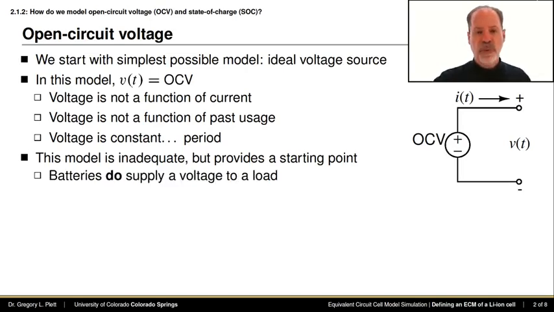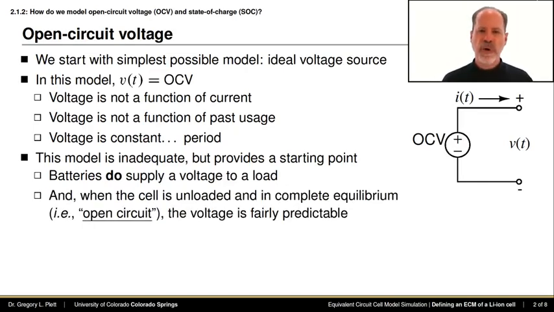For example, we know that batteries do supply a voltage to a load, and it turns out when the cell is not connected to a load and is in complete equilibrium after all of its internal processes have come to rest, the voltage turns out to be fairly predictable. This condition is known as an open circuit condition because the battery is not connected to a circuit.